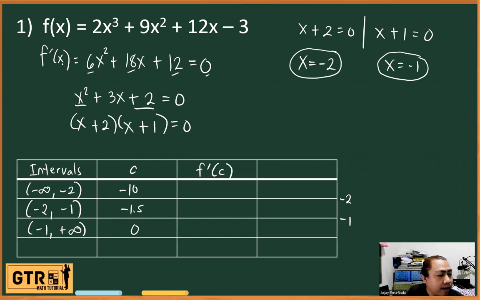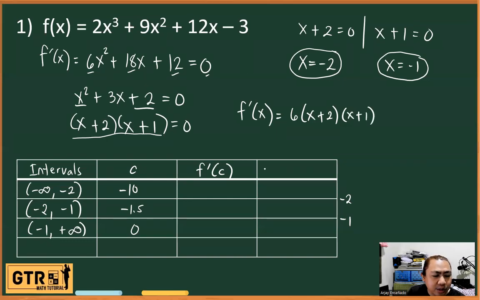Our derivative is f prime of x equals 6x squared plus 18x plus 2. It will be easier if we factor out 6, which is not affected. So f prime of x can be written as 6 times x plus 2 times x plus 1.